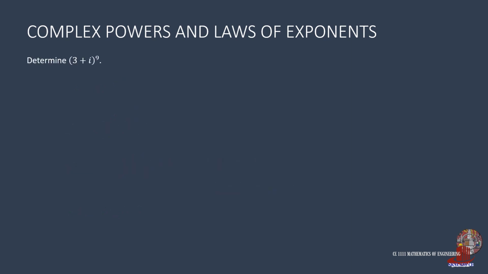Say we are to take the ninth power of the complex number 3 plus i. Since the exponential form is based on the modulus and argument, we should identify these parameters first. But before that, we graph the vector. Positive 3 points to the right, and i points upwards, so the vector lies in the first quadrant.